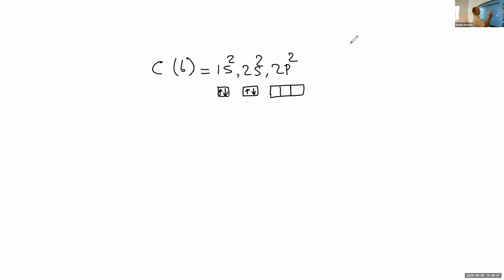So there are 2 electrons, there are 3 orbitals, and the electrons must be distributed like this. 1 electron each. We know the maximum capacity of an orbital is equal to 2.